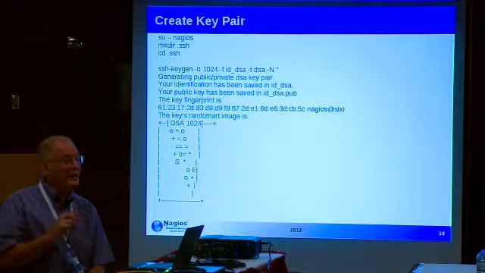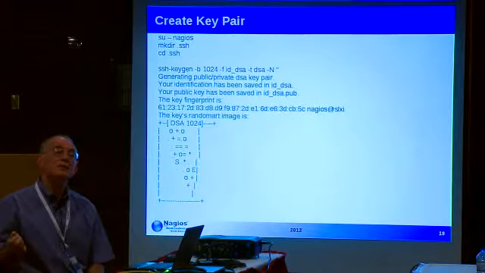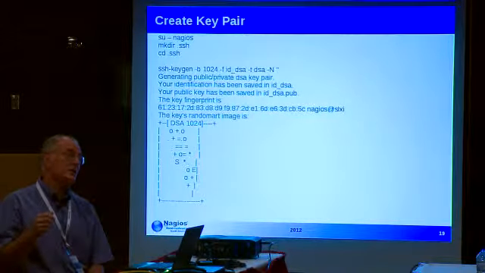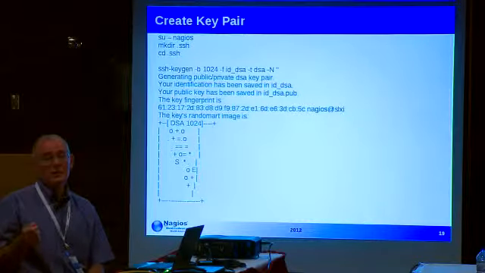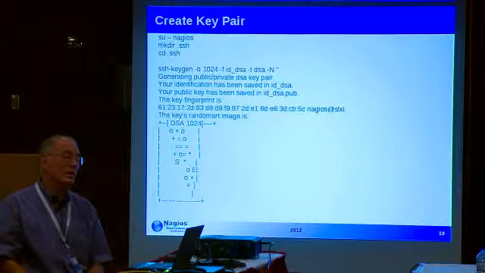So it's going to create a key pair. You're going to have a public and a private key, and we need to push the public key to the Nagios master. And again, on the master, we are going to put this in the home directory for the Nagios user because everything has to execute as Nagios. You don't want to do this as root.